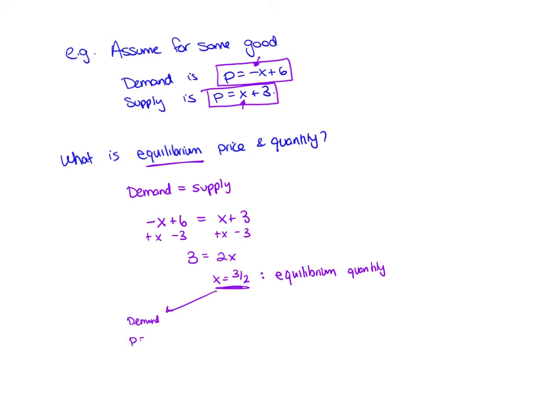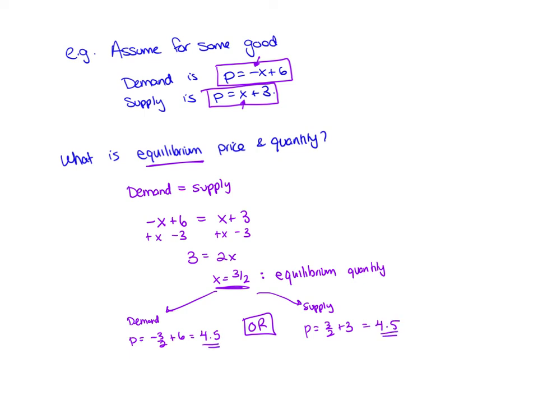So I get P equals negative 3 halves plus 6. So 6 minus 1.5 is 4.5. Or alternatively, you could have plugged it into the supply equation. P equals 3 halves, 1.5, plus 3, which also gives us 4.5.